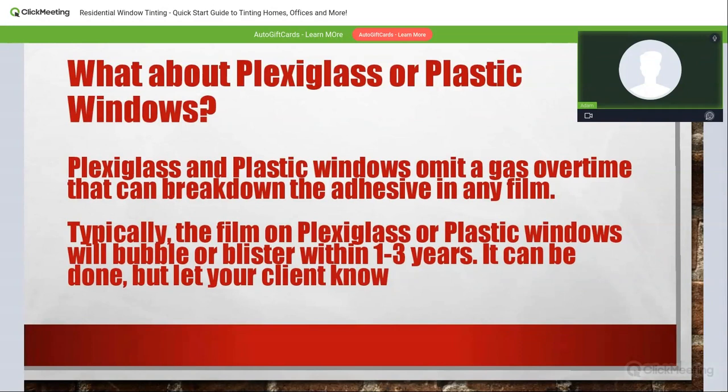The reason it bubbles so fast, no matter what kind of film you use, whether automotive or residential, is that there's a gas in the plexiglass. When it's heated constantly by the sun, it emits a gas that breaks down the adhesive in the film and causes it to bubble. Depending on how much sun the boat or house gets, we typically see this happen in 1 to 3 years.